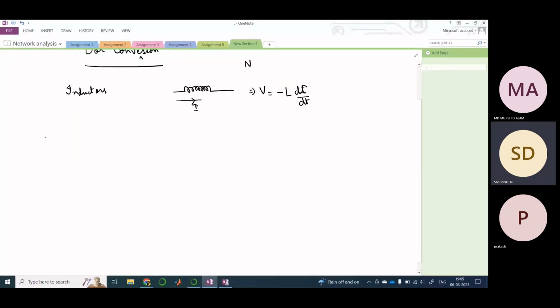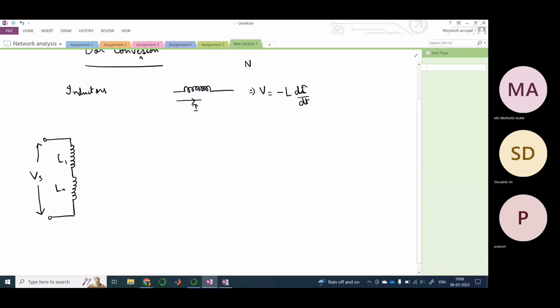Now, let us draw a diagram something like this. There is a voltage source of, let's say, Vs, and there are two inductors connected in series. Here, these dots are nothing but the dots I was talking about.